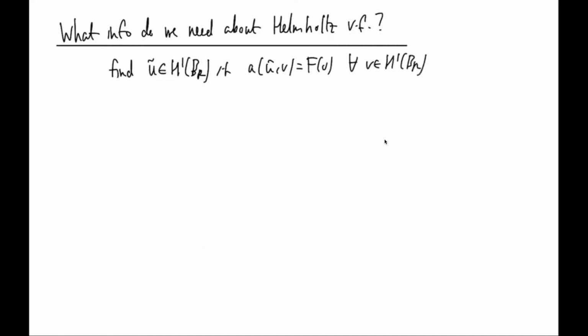But since the solution U tilde is just the solution of the full space problem restricted to BR, I'm going to get rid of the tilde. I'm now just going to call the solution U, whether it's on the ball of radius R or the whole space. So we need this fact, which we have from Rellich via the full space problem, that the solution exists and is unique.